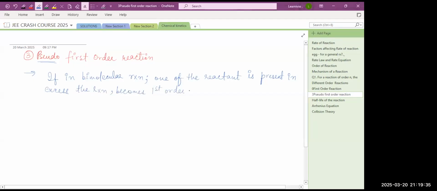For example, hydrolysis of ester. It is the best example of a pseudo first order reaction: hydrolysis of ester.